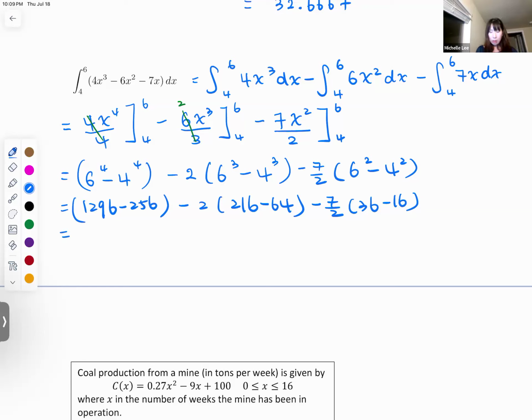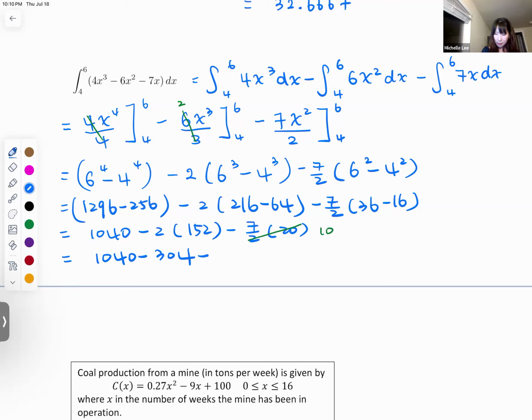The first term, we have 1040 minus 2 times 152 is 304, minus 7 over 2 times 20, which we can simplify as negative 70. Then when we calculate everything, we have 666. It's okay?